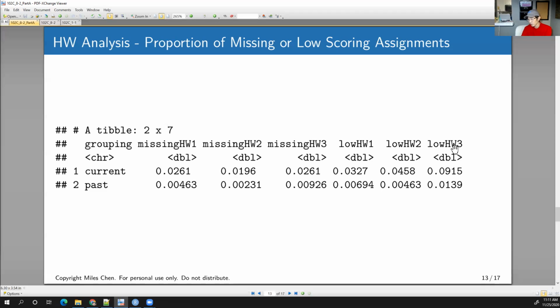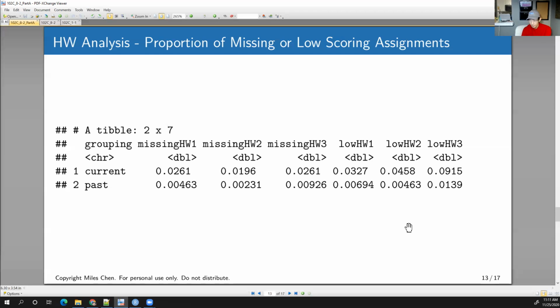And then as far as homework 3, in previous years around 1% had homework 3 of 50% or less, and this year around 9%. So close to 1 in 11 students had a low scoring homework 3 score.